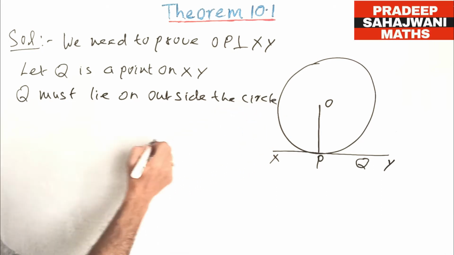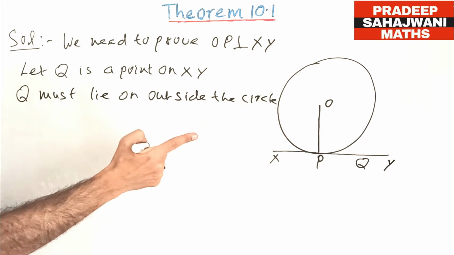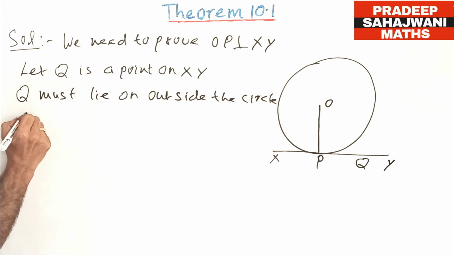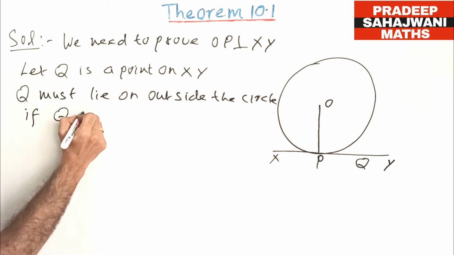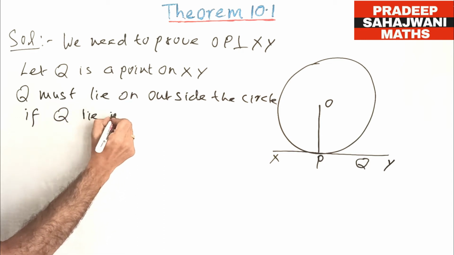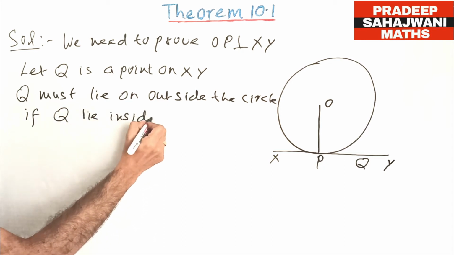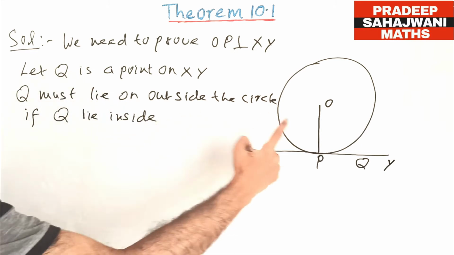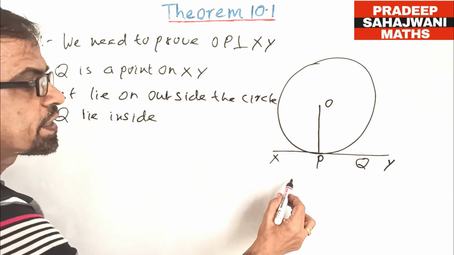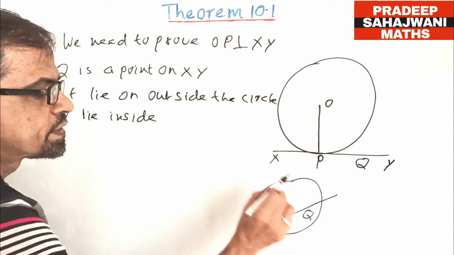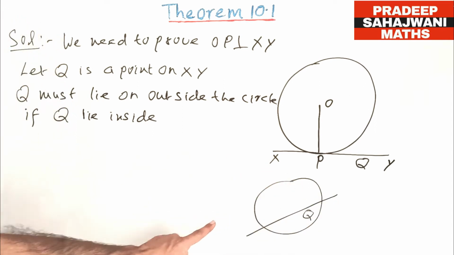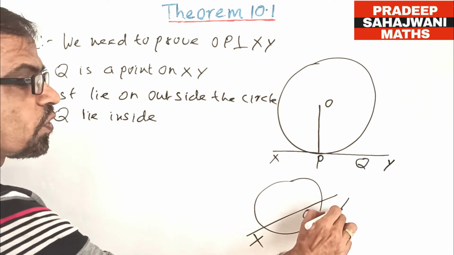We have to justify why it is outside the circle, because if Q lies inside, then what happened? If Q lies inside, let us see with the diagram what happened. If Q lies inside, it means this line would not be the tangent. This XY would not be the tangent.